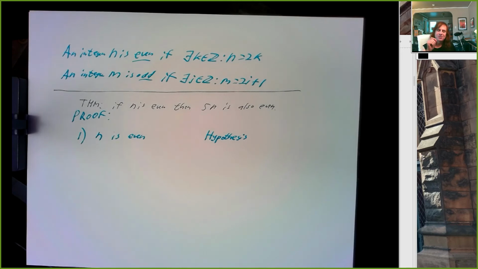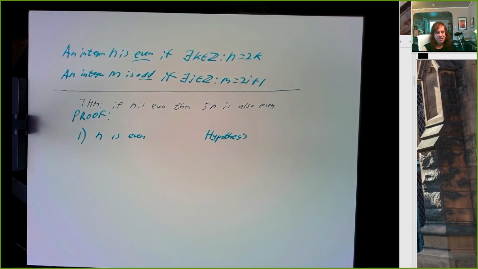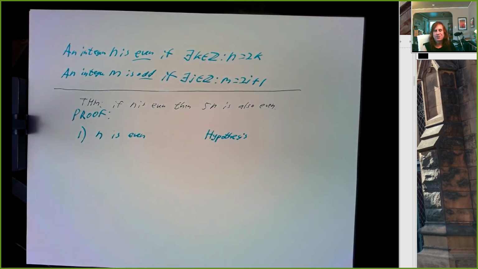All right, just about any time that you have a proof involving even and odd numbers, you're going to want to use these definitions of even and odd. Because these definitions get us to arithmetic expressions, and we can start doing things with arithmetic expressions. The word even or odd, we don't have a whole lot of algebra that works with that.